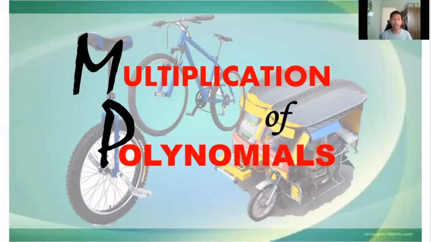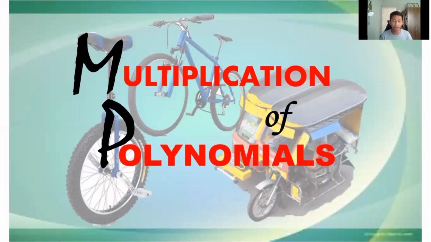We have also discussed in the previous meetings the concept of adding and subtracting polynomials. Take note, we can only add or combine similar or like terms. Addition and subtraction of polynomials can be done vertically or horizontally. For this week's discussion, you will learn how to multiply polynomials.